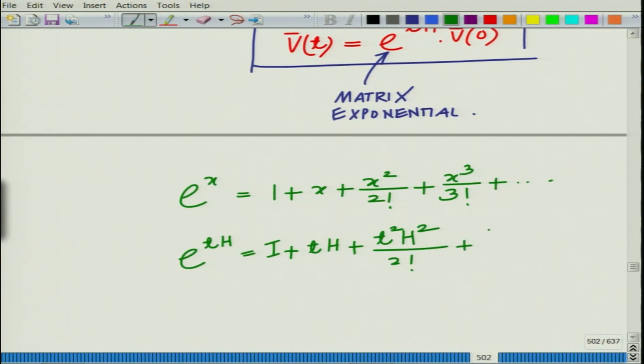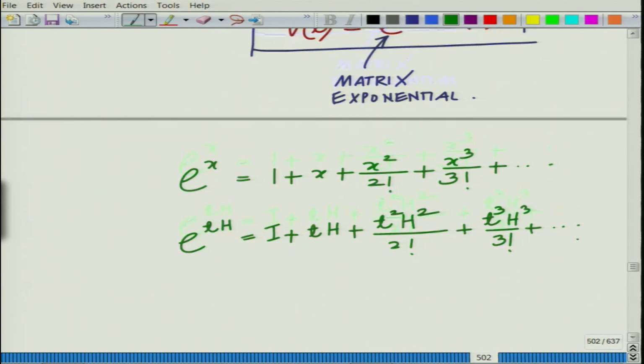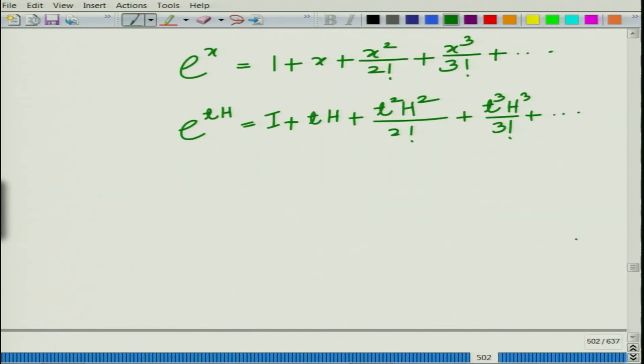Remember, matrix H is square, so I can compute H squared, plus t cubed H cubed by 3 factorial, and so on. So this is similar in nature to a power series expansion.